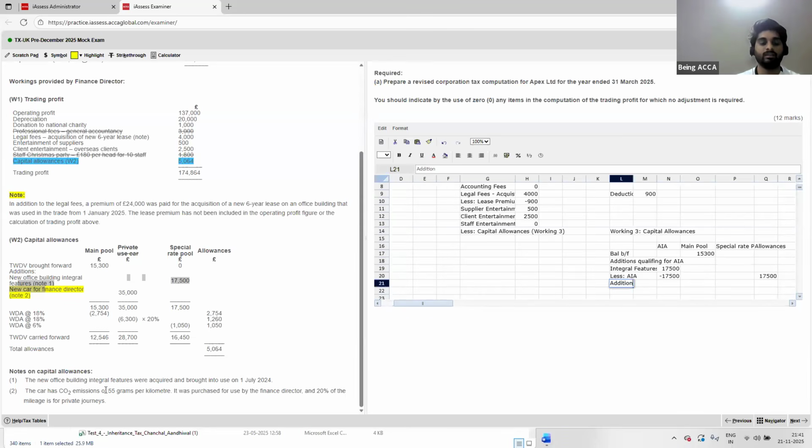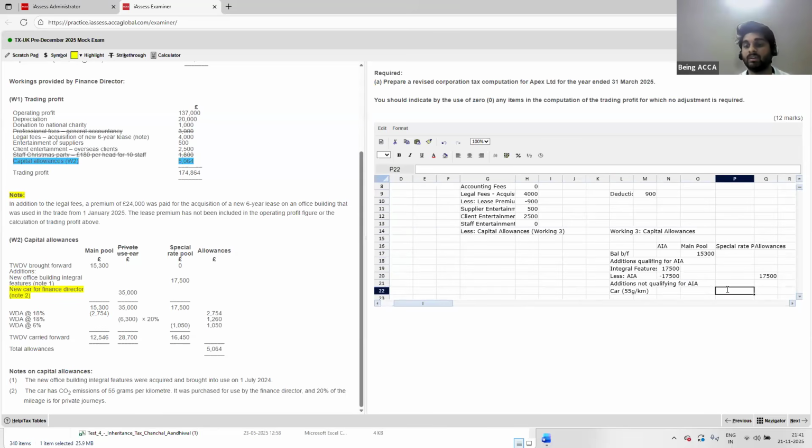So additions not qualifying for AIA. This one would be the car with 55 grams per kilometer, forming part of the special rate pool at a cost of 35,000.